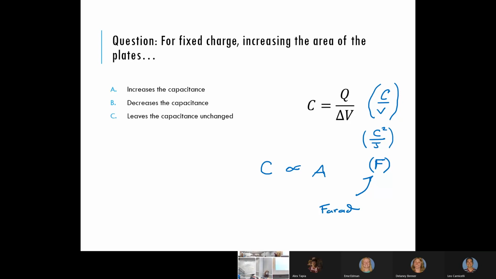To give you an idea, most capacitors that you would see in everyday life are on the order of nano to microfarads. You might run across the millifarad every once in a while. So physical capacitors in everyday life are on the order of 10 to the negative third to 10 to the negative ninth.